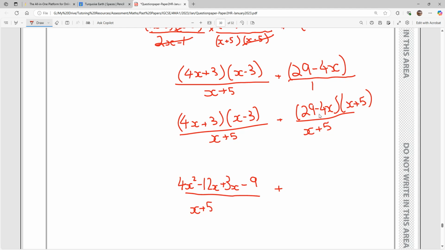Then in here, 29 times x is going to be 29x. Minus 4 times x is going to be minus 4x squared. Minus 4x times 5 is going to be minus 20x. And then 29 times 5 is going to be 145.